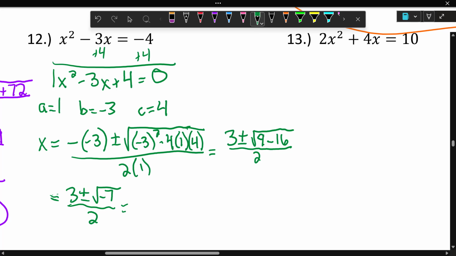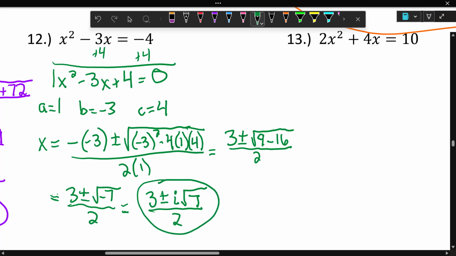So hopefully right now you're realizing we got a negative inside the square root. We probably, well not probably, we do have an imaginary solution. So we're going to have i here. That's the only thing we can simplify with the square root of 7. We poke out our i, we still have the 7 inside the square root, and it's all over 2. And you can write it together like this.